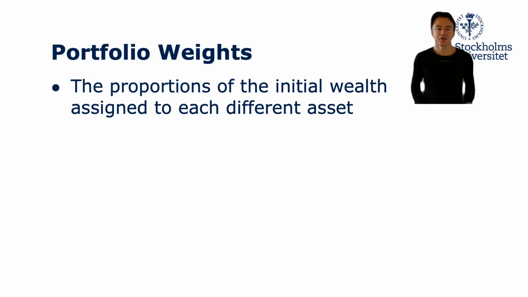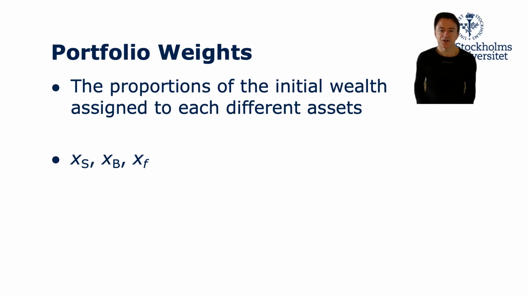These proportions to be invested in each asset are known as the portfolio weights. We will use in general X to denote them with a given subindex to differentiate the particular proportion. In this example, a natural choice is S for stock, B for bond, and F for the risk-free asset.